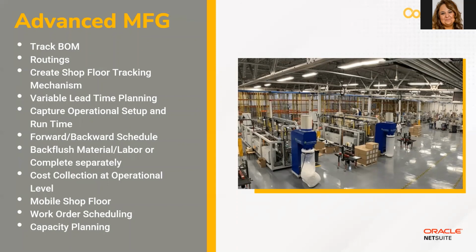Advanced manufacturing has a tablet user interface with touch interface. It can track time by clicking on start and stop, so you don't have to manually keep track of how long it takes for each production step. Also, the advanced manufacturing module is rich with a lot of different reports.